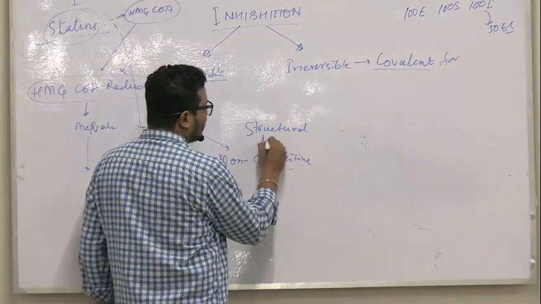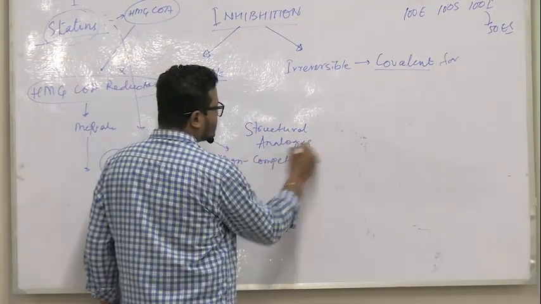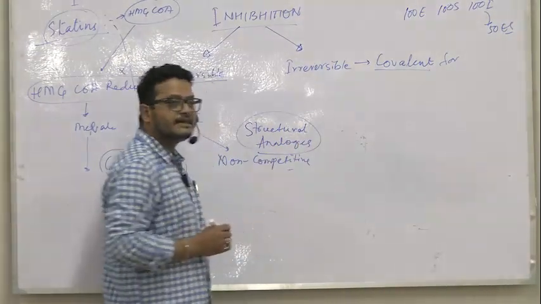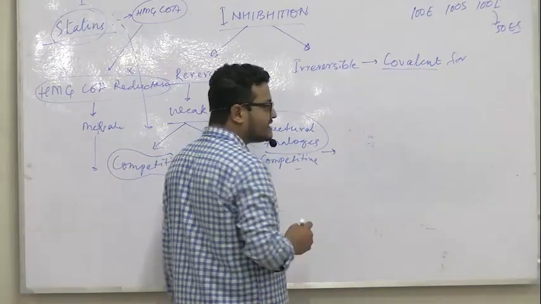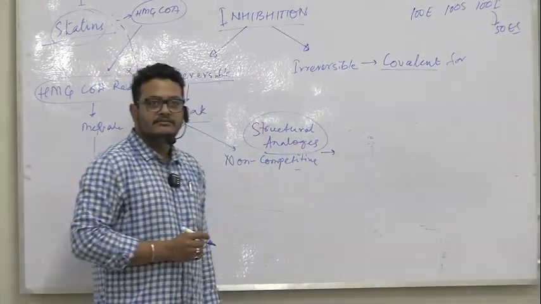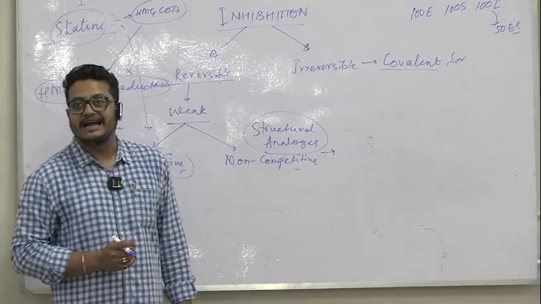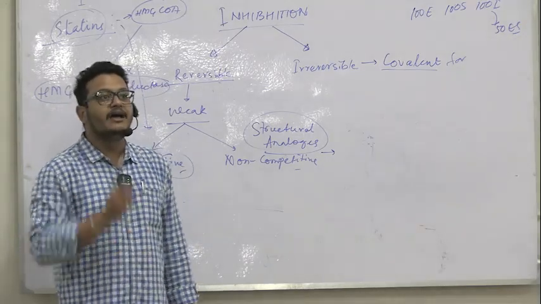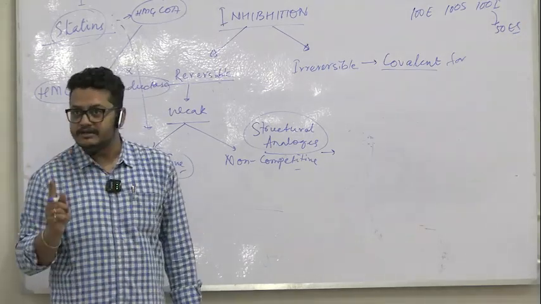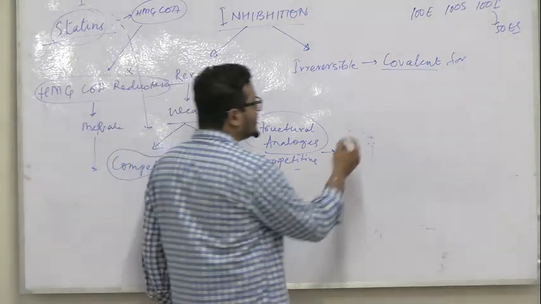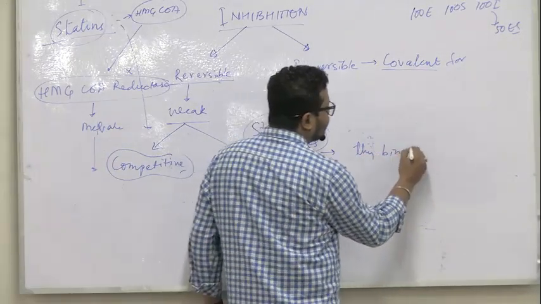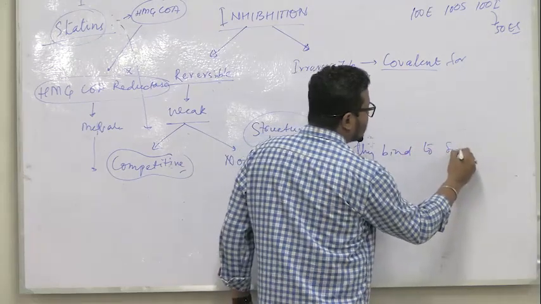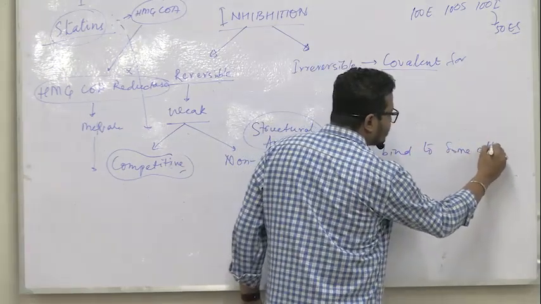They are not structural analogs of the substrate. Point number one. Second point, if not a structural analog, then they are not going to get accepted by the active site of that enzyme. Is that clear? So they are going to bind where? They will bind to some other sites.